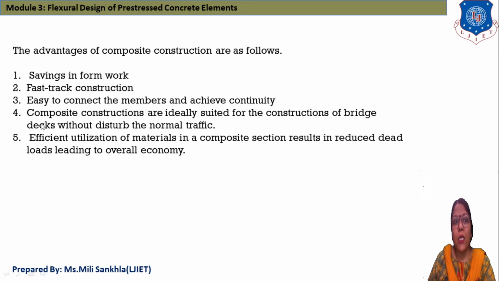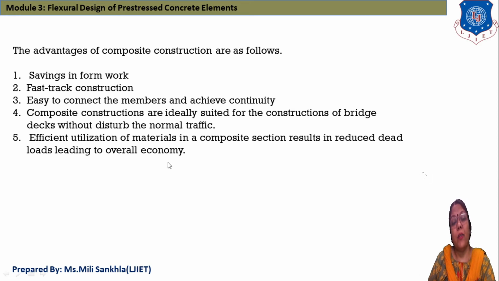Fourth, composite constructions are eminently suitable for construction of bridge decks without disturbing the normal traffic. This is a major advantage of composite section in bridge construction. Then, efficient utilization of material in composite section results in reduced dead load, leading to overall economy.